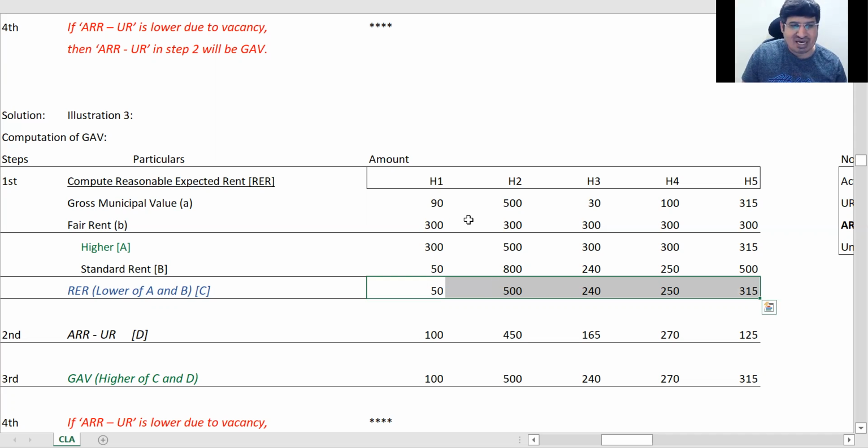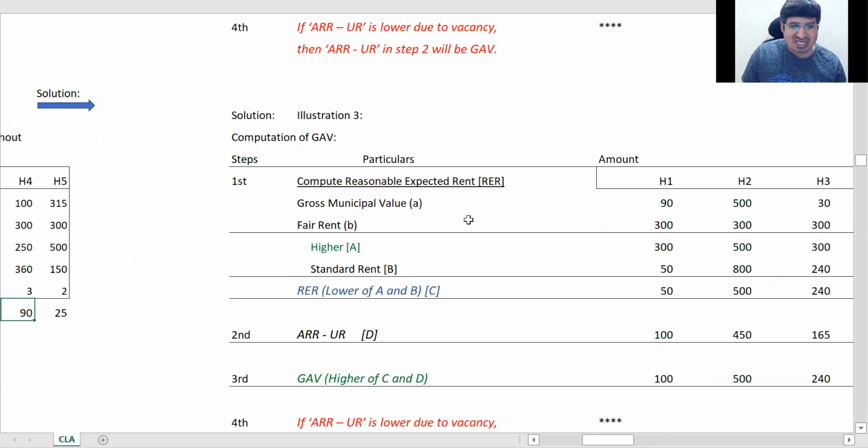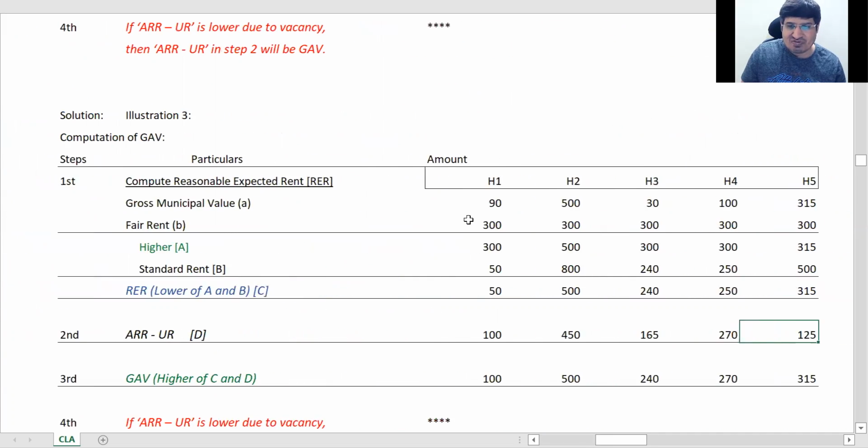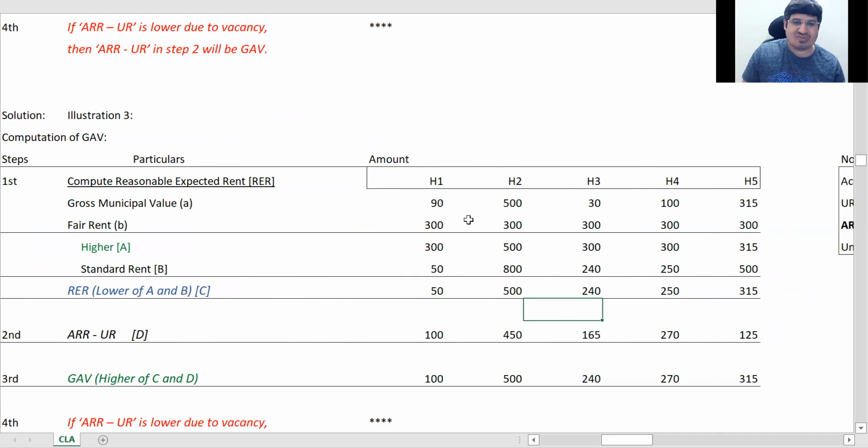Okay, now we have our RER. Now next is ARR minus UR. How did we get this? As I showed here, you have to do this line minus this line. Just do this line minus this line and see whether these figures are matching. Matching, sir.